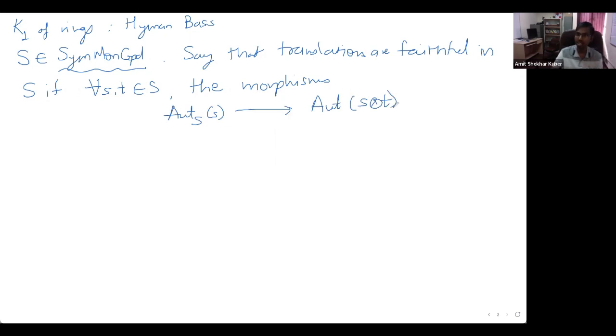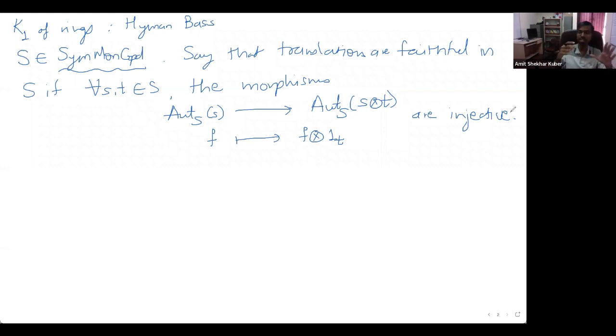It's not really the tensor product, but you take an automorphism f and you map it to f tensor the identity on T. If these morphisms are injective, yeah, I mean, these are group homomorphisms, obviously. So we are saying that these morphisms are injective for all S and T.